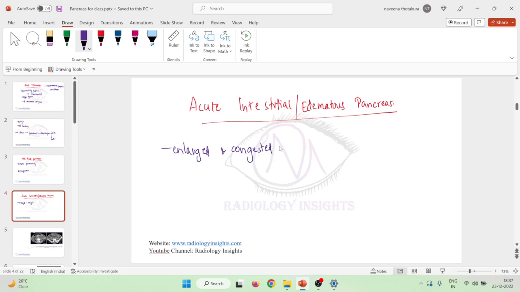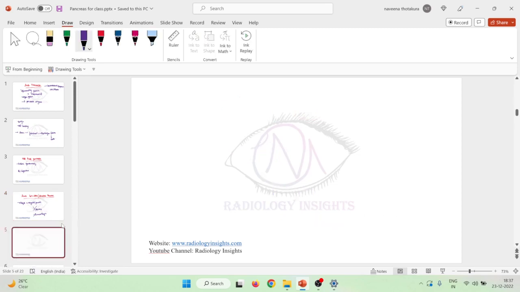Here there is no necrosis and no hemorrhage seen in patients with acute edematous or interstitial pancreatitis.